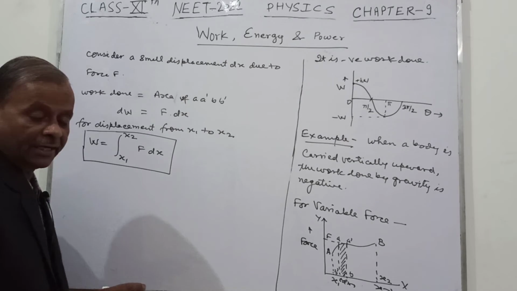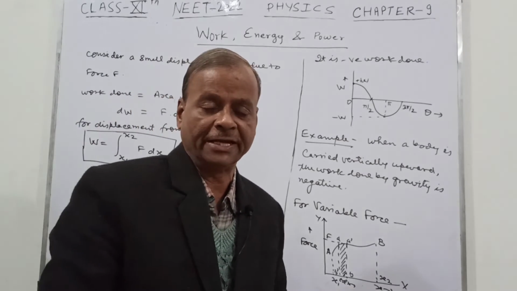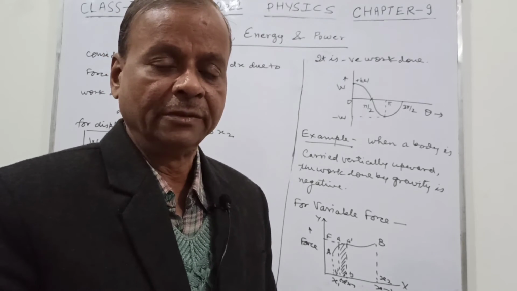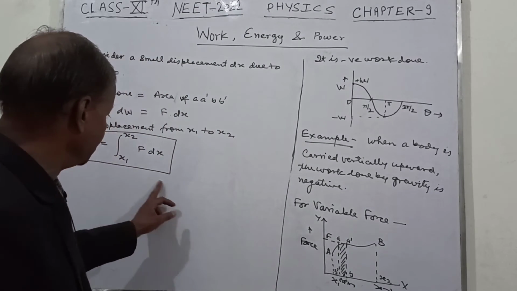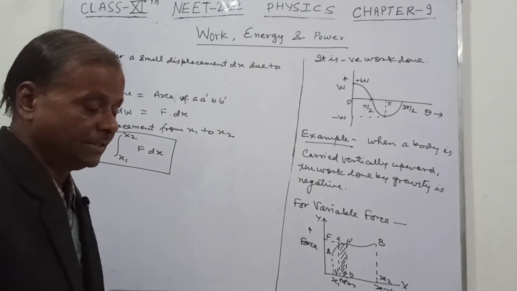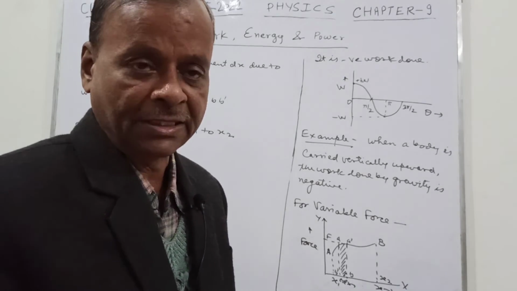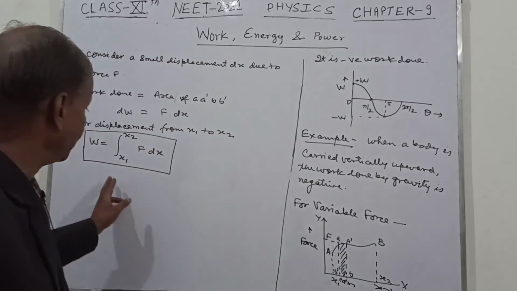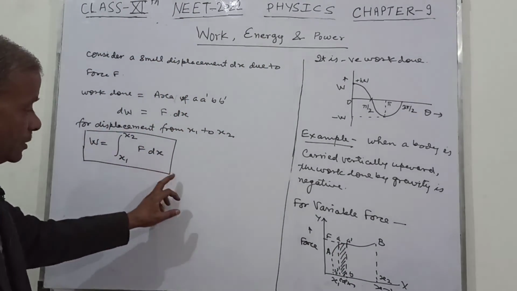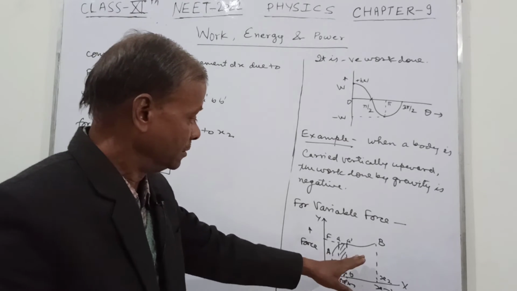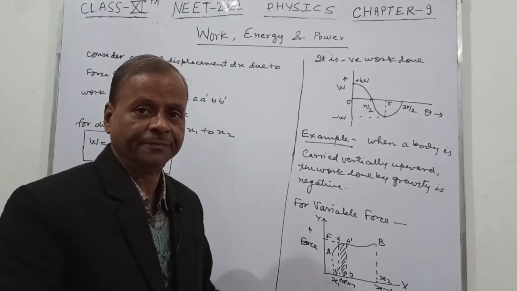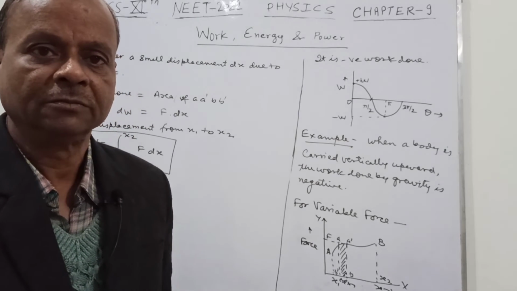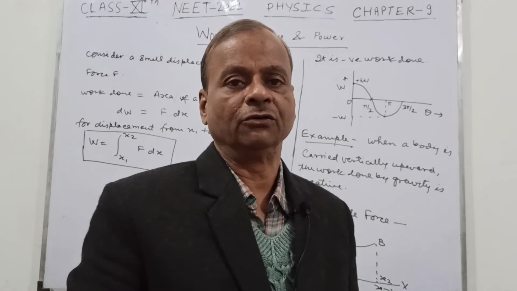If you are given the limits and the force F is expressed in terms of x, you can find the work done with the help of this integration. So the integration over the F-x curve represents the total work done, the area under this curve AB. This is how to find the work done by the force acting on the body.